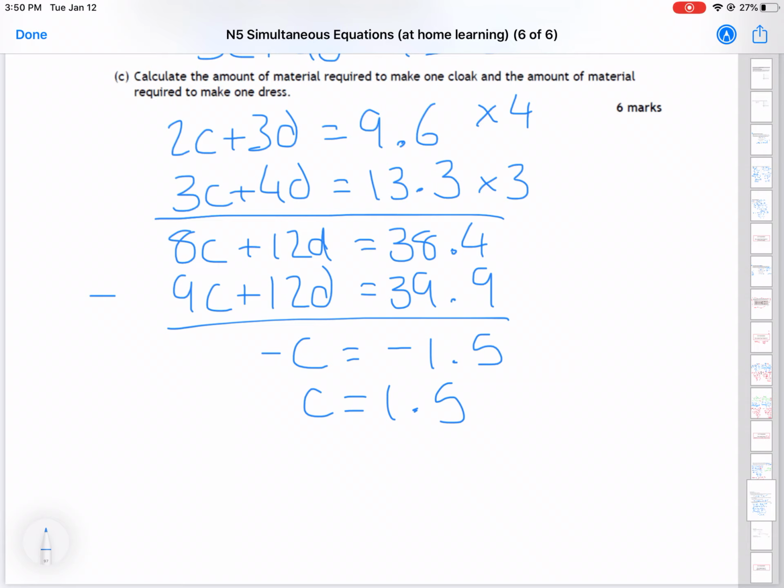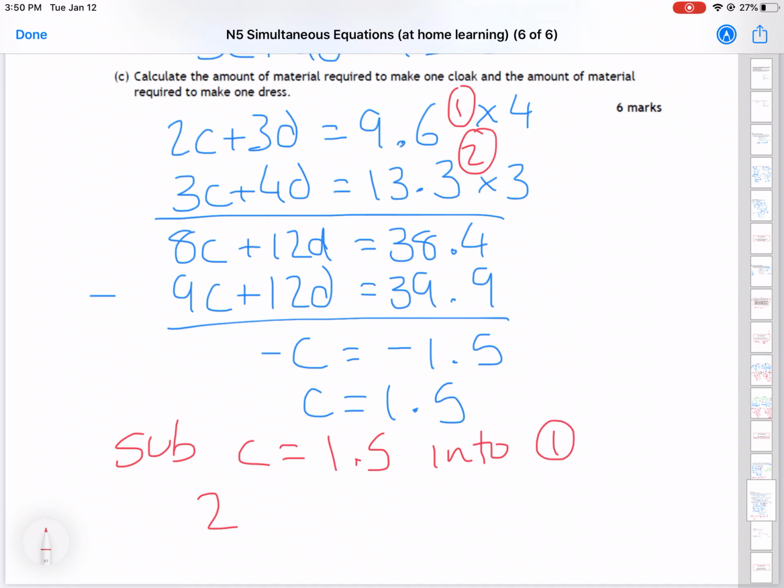Now we can put that into our equation. So we're going to sub C equals 1.5 into one of these equations here, either 1 or 2. Let's see what we'll use. I'll use 1 because that'll give me a whole number. So it's 2C plus 3D equals 9.6.